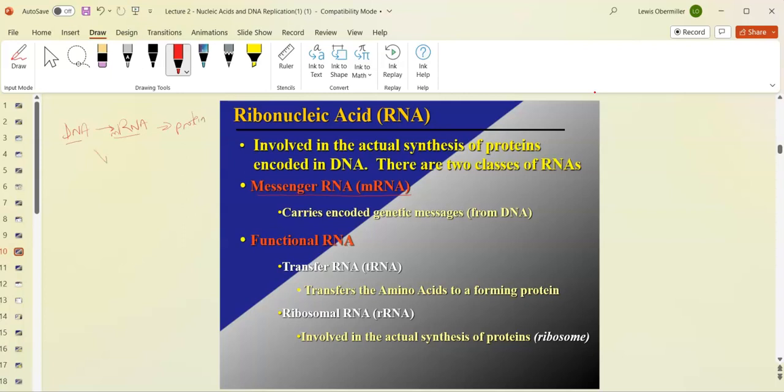There's other kinds of RNA. They all come from DNA. There's tRNA, transfer RNA, which is responsible for bringing in the amino acids, right, during translation to the ribosome, and we'll talk about that.